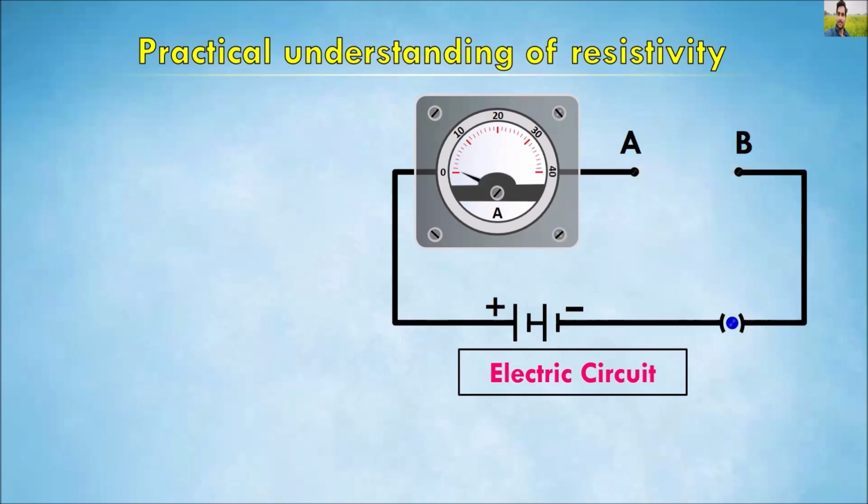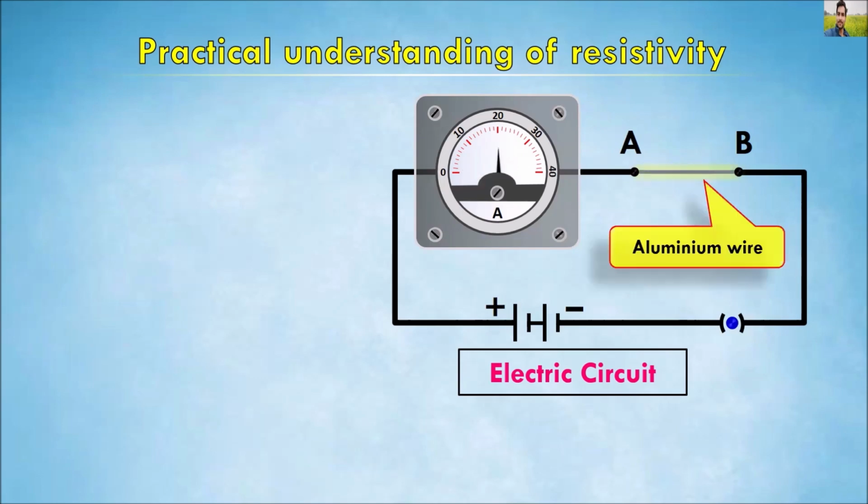Now, we are changing the wire. This time, an aluminum wire we are using. Using the aluminum wire, we are getting 20 ampere of current. So current is decreasing, although the rest of the things are the same. The battery that we are using is the same, only the material of the wire differs. And this time current decreases.